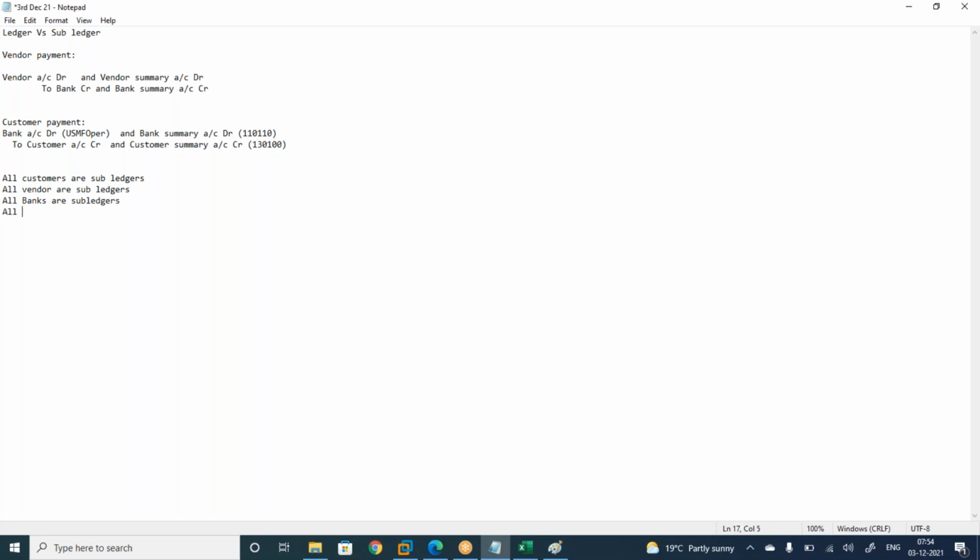All items are subledgers. All employees are subledgers. All fixed assets are subledgers. Understood the concept, ledger subledger concept?